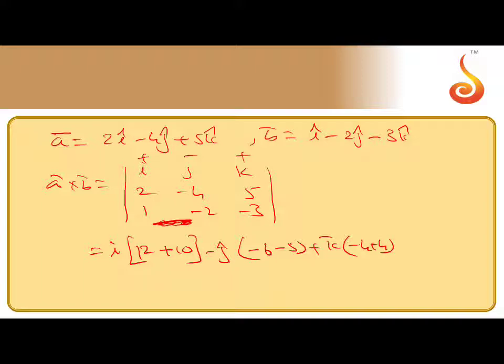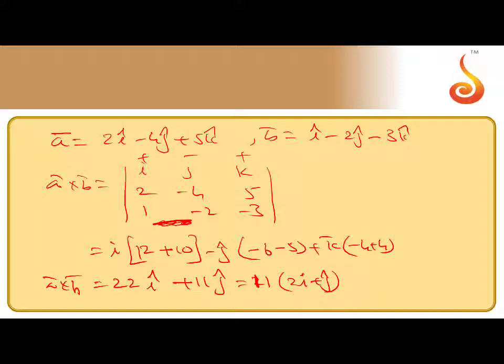Do it slowly, because one small mistake and the entire question will go wrong. 22i plus 11j. You can take 11 common from this: 2i plus j comes here. So now we got a cross b.